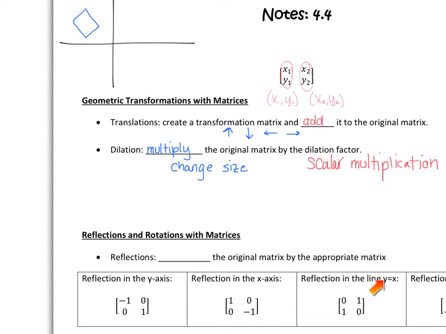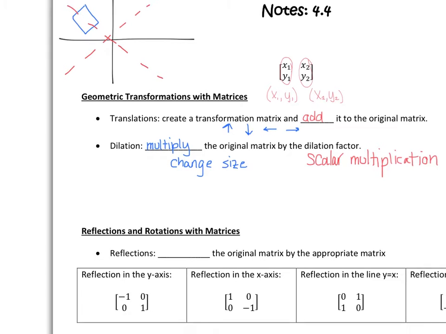The line y equals x is this diagonal, kind of. It goes through the origin. So we'd flip it over that line. The line y equals negative x is the other diagonal. So we'd flip it over that line.